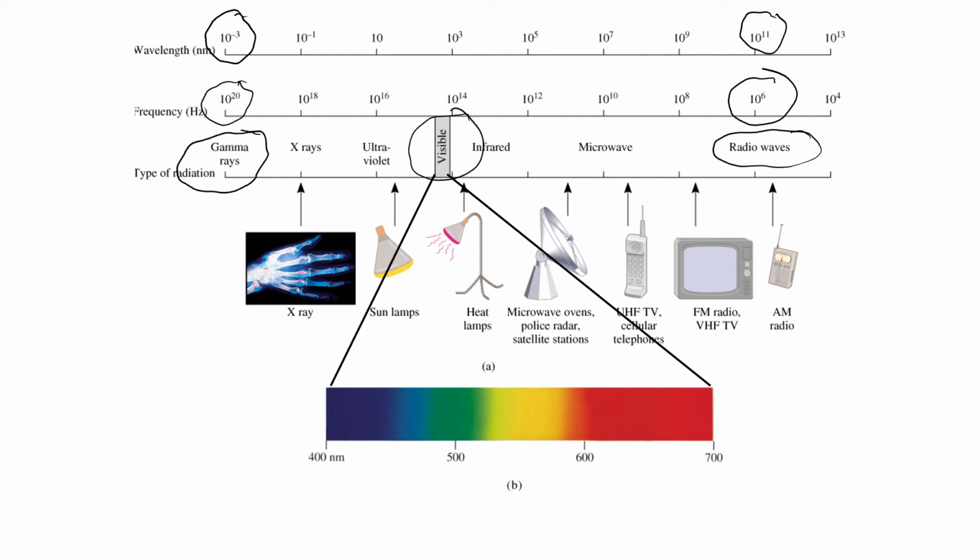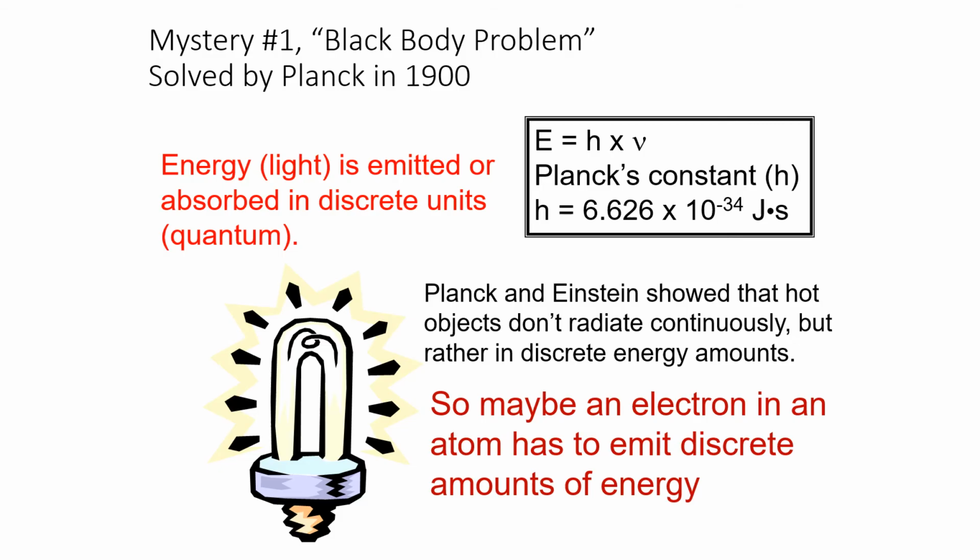Now, there were three perplexing phenomena that were the experimental basis for the development of what we're going to call quantum mechanics or quantum chemistry. And the first of those was something called black body radiation.